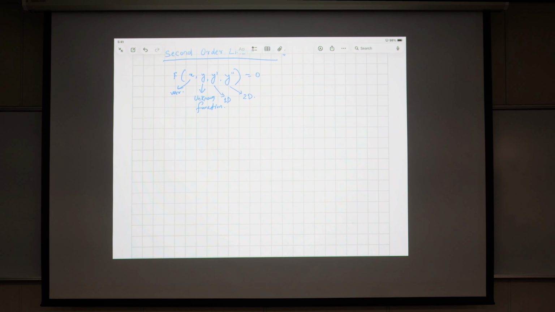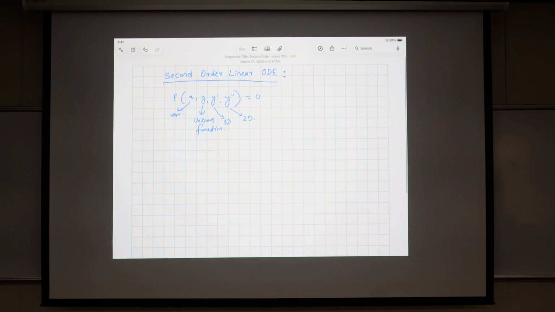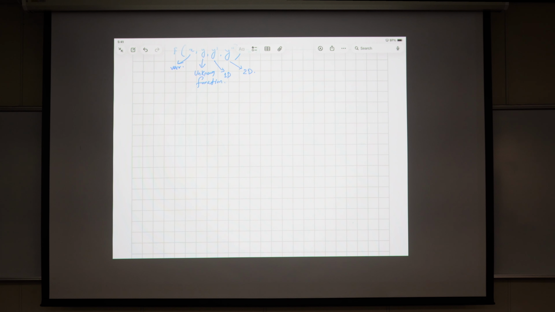We discussed the first order linear ODE. Now what happens in the second order linear ODE? So this one is the second order ODE specifically. And if I specify what the second order linear ODE is, I can say y double dash plus p(x) y dash plus q(x) y is equal to r(x).